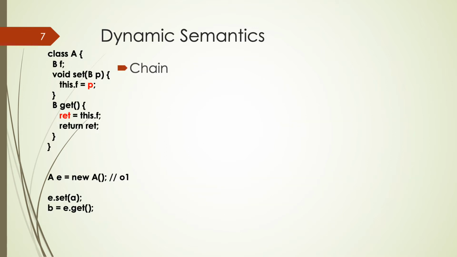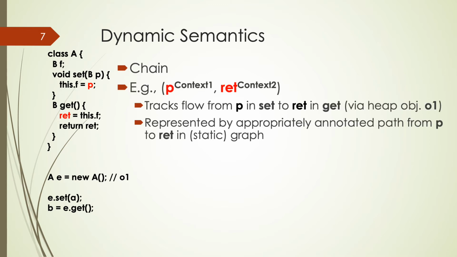So our dynamic semantics introduces the concept of the chain, which tracks flow from one stack variable to another. For example, the following chain tracks flow from parameter p in context of invocation 1 to return variable ret in context of invocation 2. This chain is represented by an appropriately annotated path from p to ret in the CFL reachability graph.